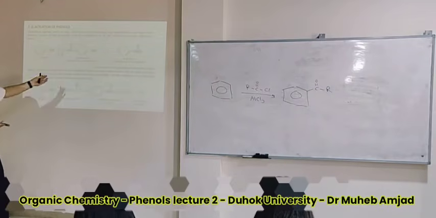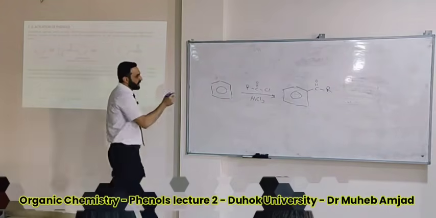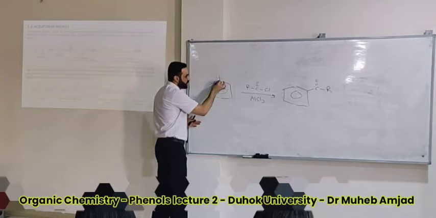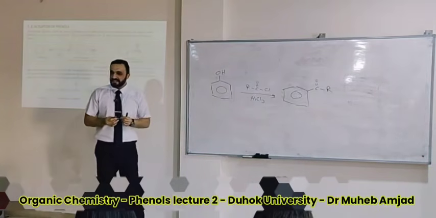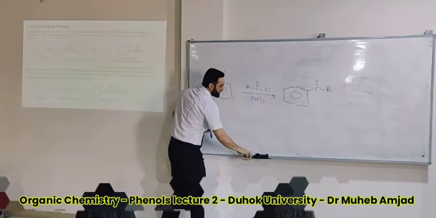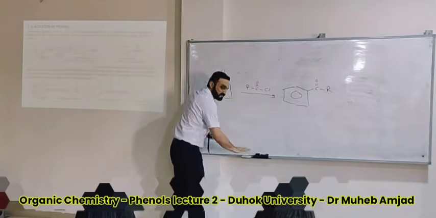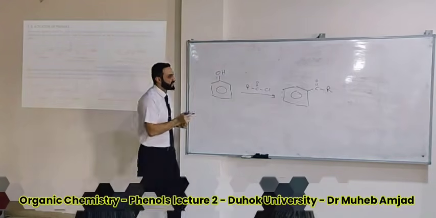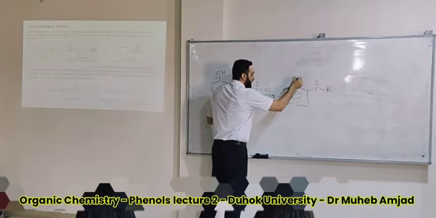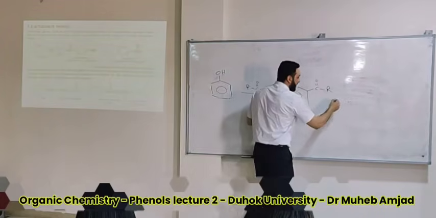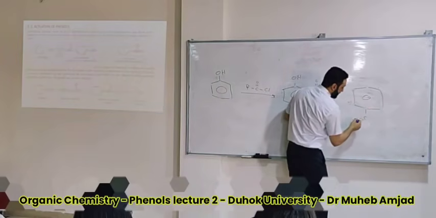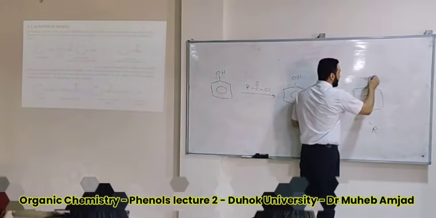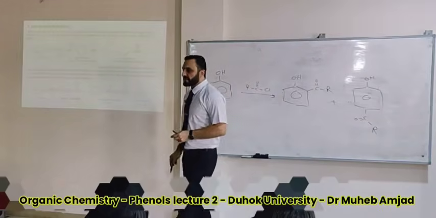The same thing here. If I use phenol, OH, the first thing is you don't need catalyst. Without the catalyst, the reaction will happen and give you this ortho and para isomer. Why ortho and para isomer?